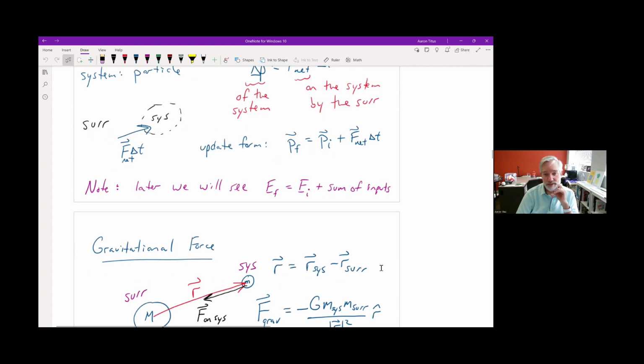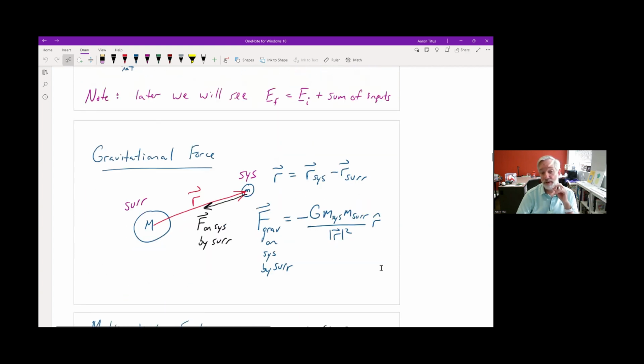All right. So this comes up when we are talking about calculating gravitational force. When we calculate gravitational force on an object, that object is the system, by the other object, which is the object in the surroundings. So when we're calculating gravitational force, we define the system and we define the object in the surroundings. That's important because we have to draw the R vector from the surroundings to the system.